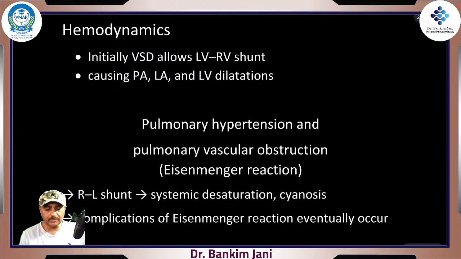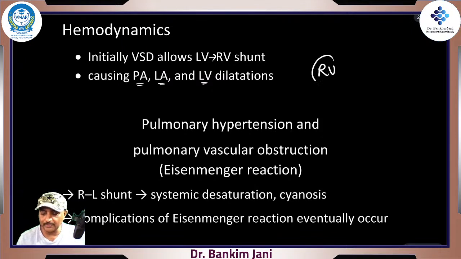So what will VSD do? Left to right shunt. It leads to pulmonary artery, left atrium, and left ventricular dilation, because now it is pushing the blood through that defect. It will lead to pulmonary hypertension and pulmonary vascular obstruction, because finally the blood is landing into the pulmonary system.